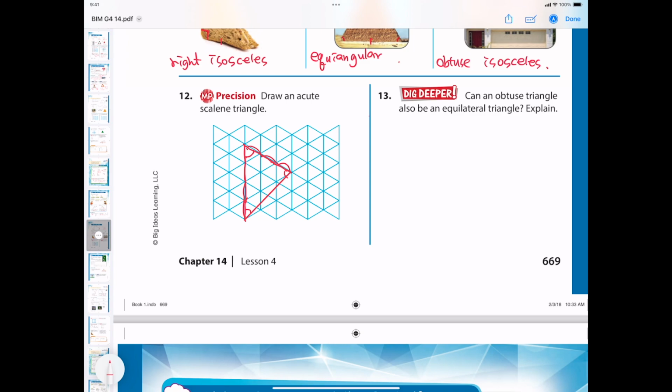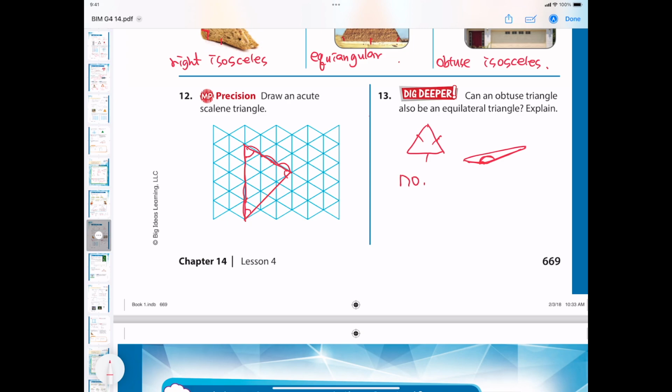Okay, equilateral triangle is what? Three sides are all equal, right? But then obtuse means what? This has to have what? One obtuse angle. So, I think that's impossible. No.